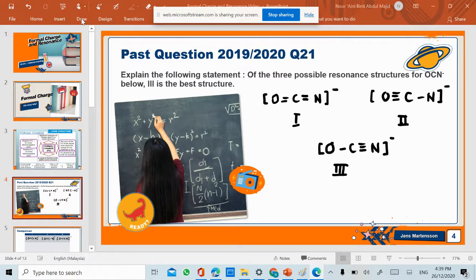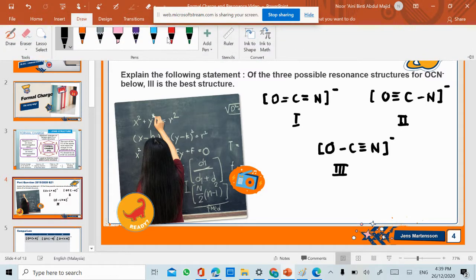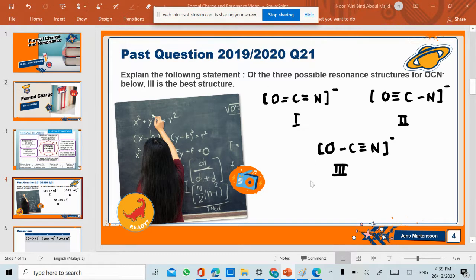Let's show our lone pairs. Oxygen here has 2 double bonds. That means 1, 2, 3, 4. So the other 4 are lone pair electrons, 1, 2, 3, 4. And of course, nitrogen as well.